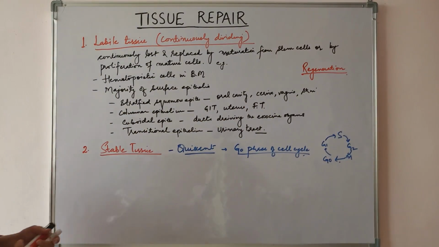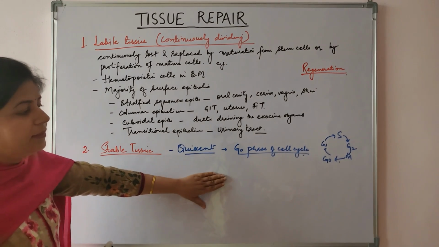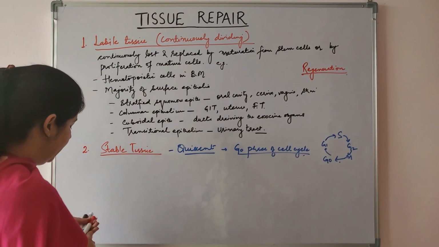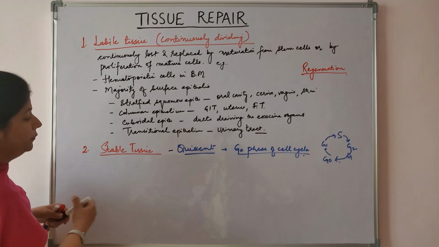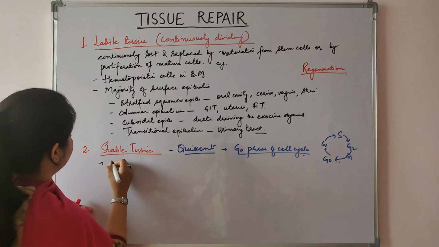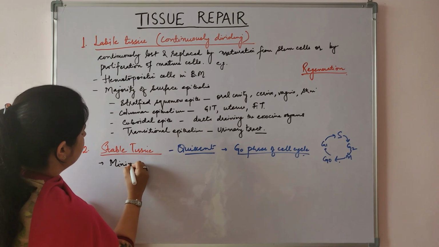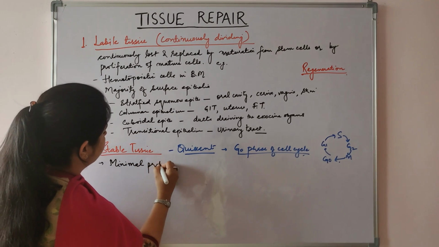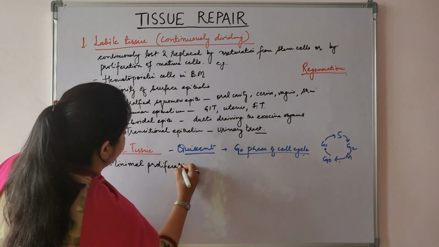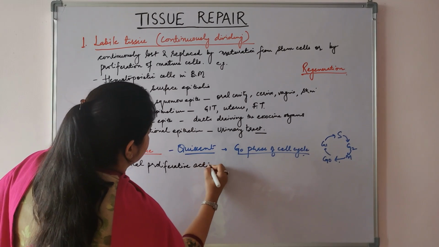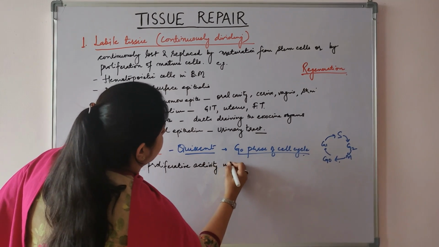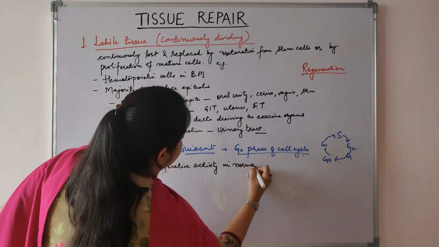They are in the G0 phase of the cell cycle. What are the phases of the cell cycle? G0, G1, S, G2, M phase. They are in the G0 phase, so they have very limited or minimal proliferative activity in the normal state.